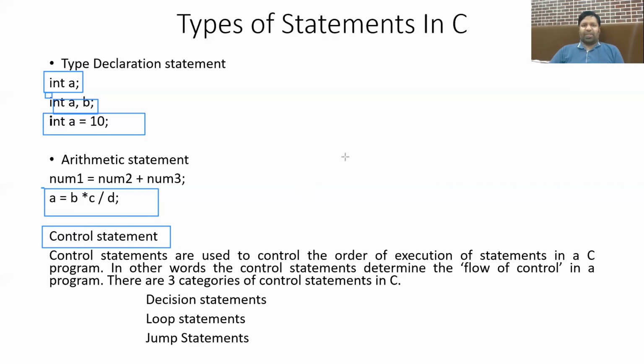That can be achieved with the help of control statements. There are three categories of control statements: decision statements, which are used to skip some of the lines; loop statements, which are used to repeat a certain set of statements; and jump statements, which are used to jump from one statement to any arbitrary statement within the program.